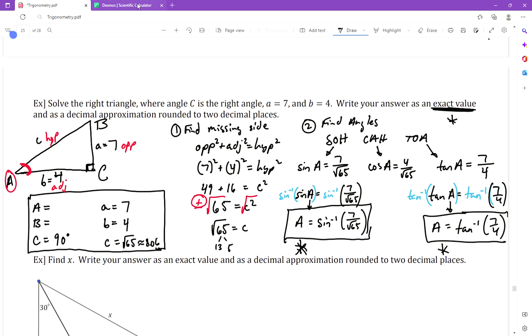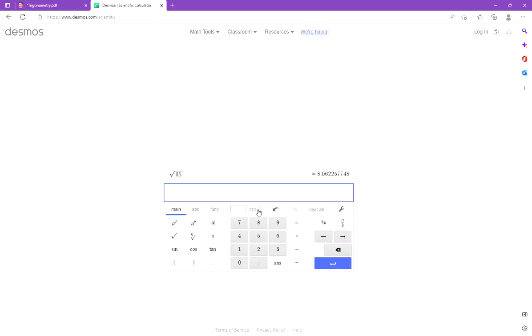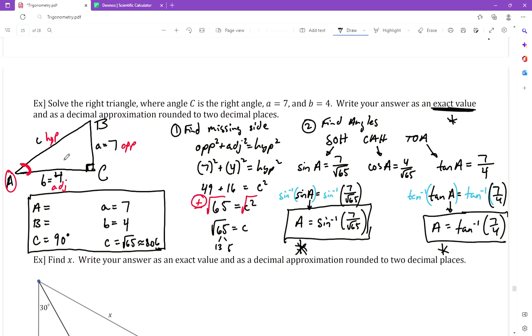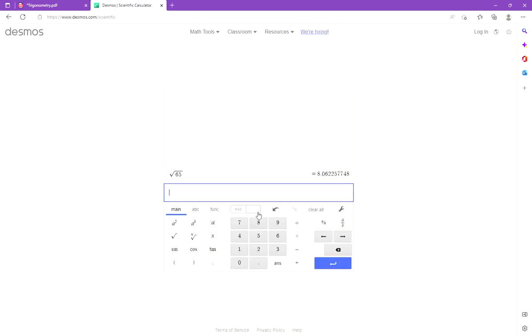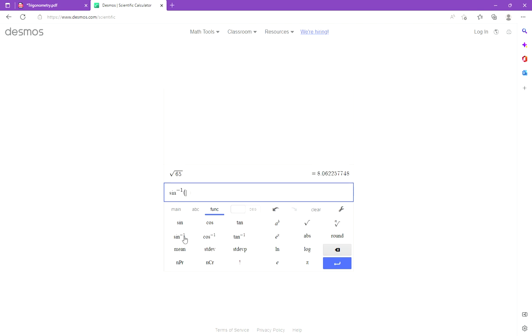Let's find out. Okay, so let's go to Desmos. Now, it probably wants it in degrees, especially since we have triangles. Usually they want degrees. Now, you could always change it to radians. Okay, let's leave it in degrees. Sine inverse is in our function menu, sine inverse of 7 over the square root of 65.